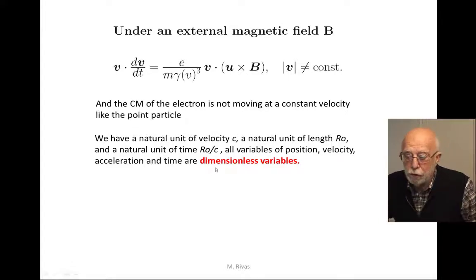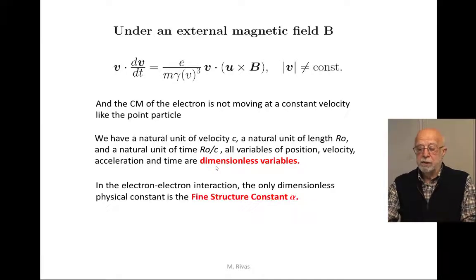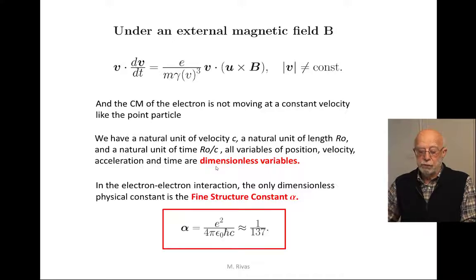We can write always the differential equations of our system in terms of dimensionless variables. So we analyze the electron-electron interaction. All variables are dimensionless, and the only relevant physical constant, the coupling constant between them, is just the fine structure constant alpha, which is defined in this way.